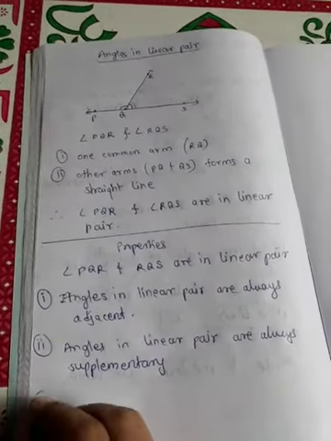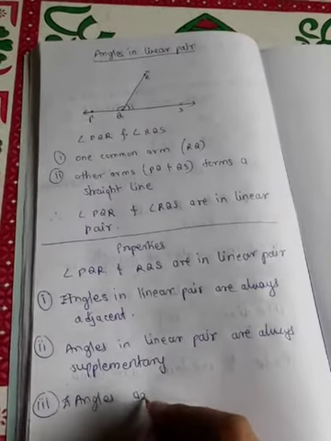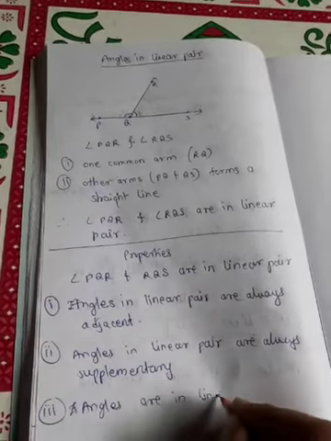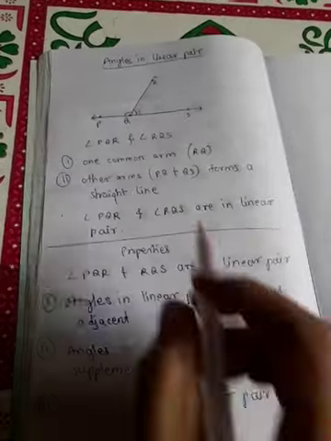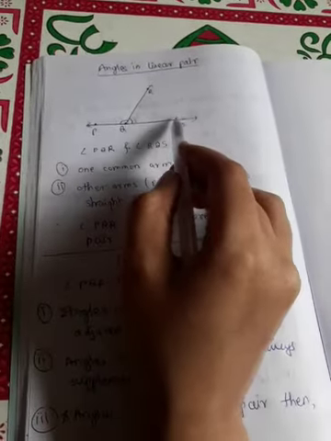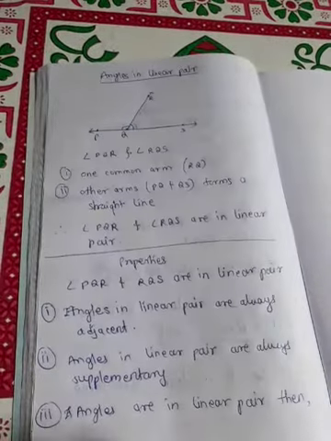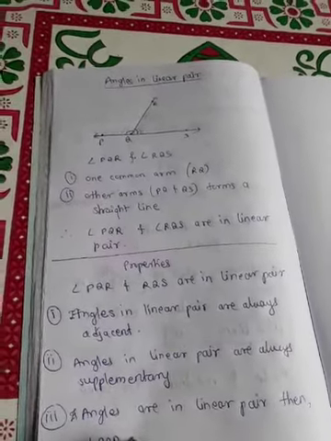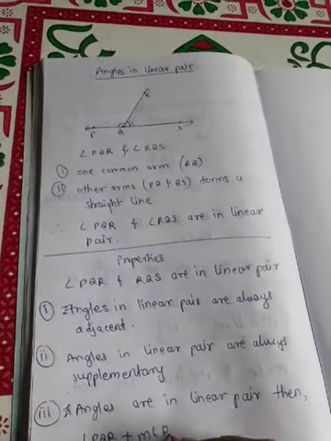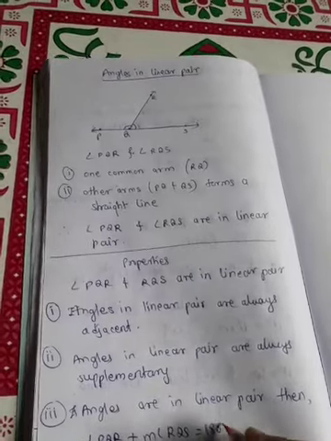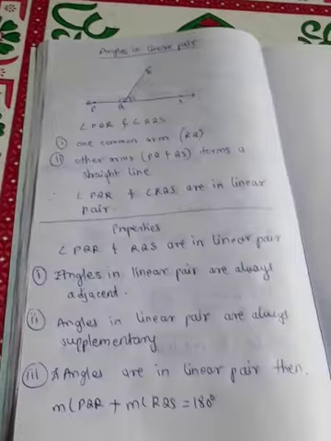Now see the third. If the angles are in a linear pair, then see here, angle PQR and angle RQS are in linear pair, and the measure of angle PQR plus the measure of angle RQS is equal to 180 degrees, because this forms a straight angle, and we know a straight angle is 180 degrees.